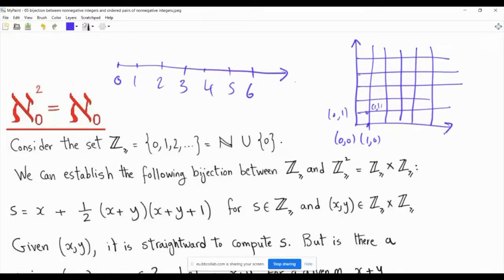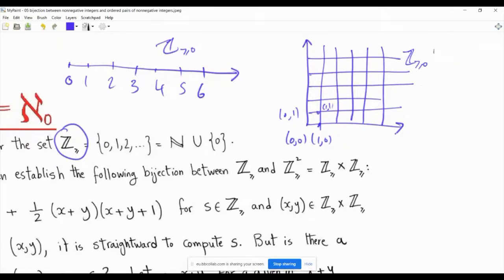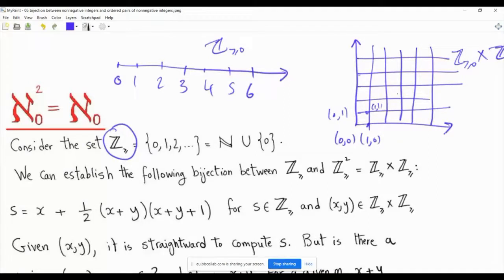We are trying to see whether these two sets can be matched. I will denote the set of non-negative integers by Z greater than or equal to 0, and here we have the ordered pairs containing two non-negative integers. So you may think that there is no way we can have a bijection between these two things.